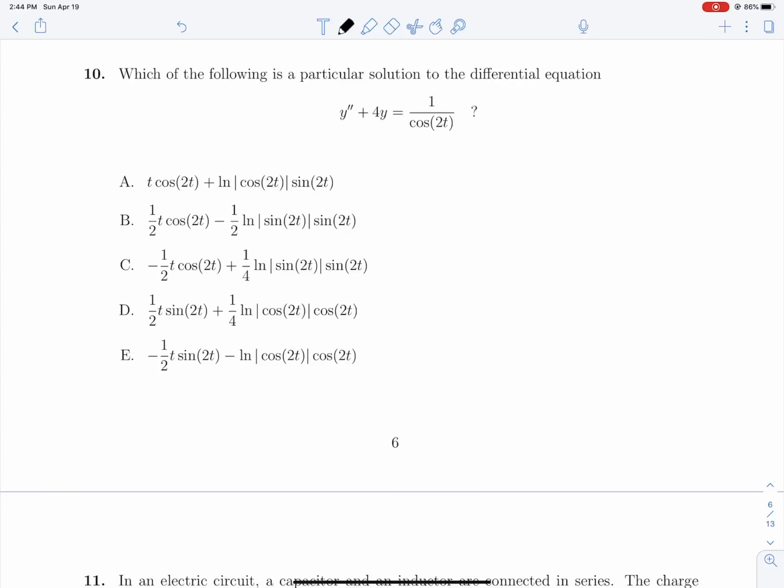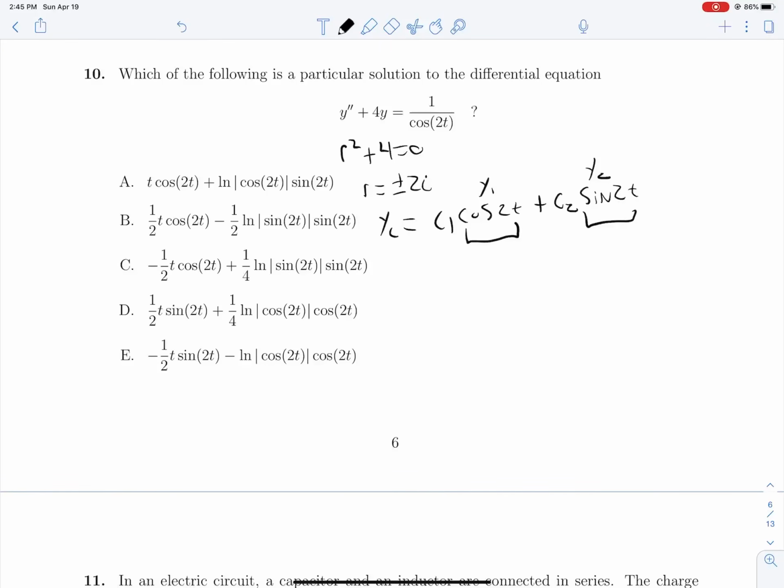So finding our characteristic polynomial, that's r squared plus 4 is equal to 0, or r is equal to plus or minus 2i. So we can say that yc is c1 cosine 2t plus c2 sine 2t. And these are our fundamental solutions. We'll call this one y1 and this one y2.